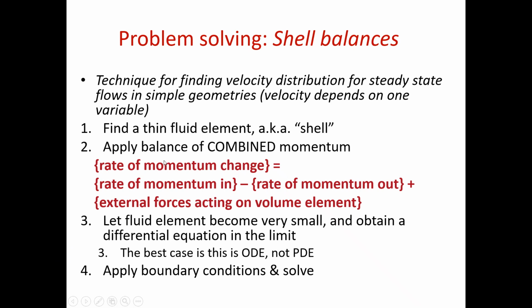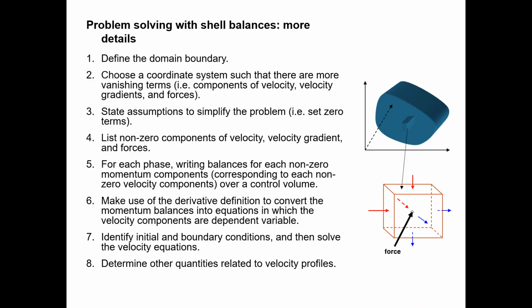Of that little shell, I'm going to have a volumetric contribution to the change in momentum, and I sum those up. If I have steady state, this will be 0 because I'm not going to have accumulation, right? And then we're going to shrink that element and essentially obtain a differential equation. We will need boundary conditions, which we're going to mention, to actually solve it.